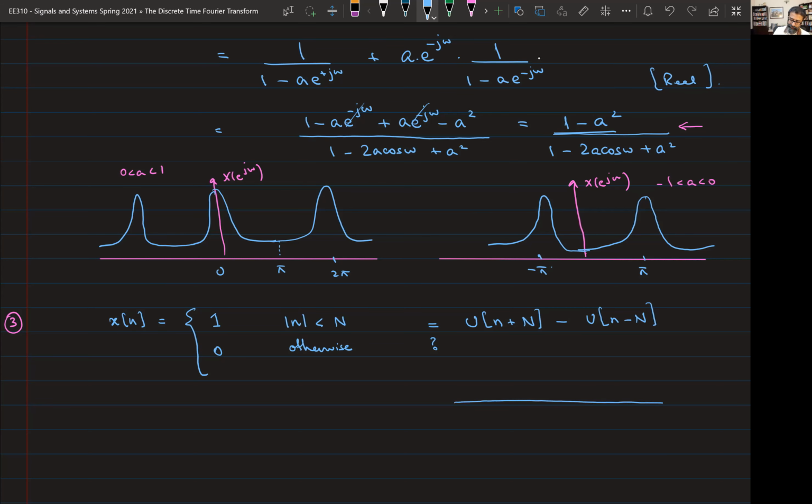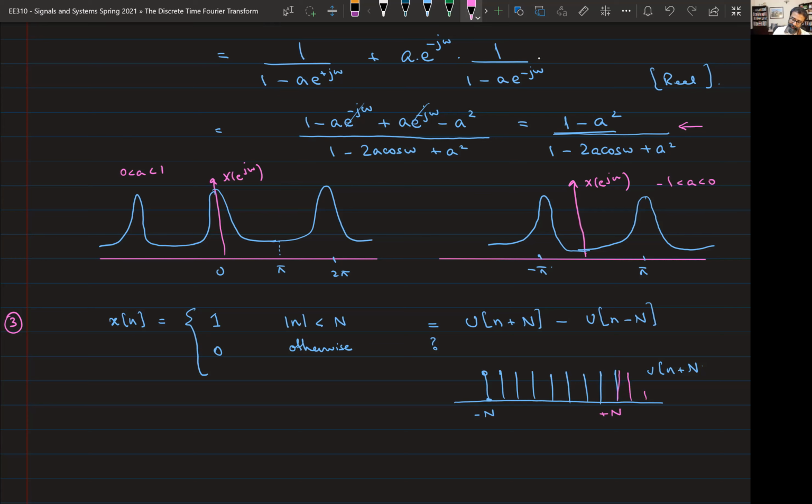So if this is minus N, this is u of n plus N, and where does u of n minus N start? It starts from N. If this was, for example, plus N, it started from here.